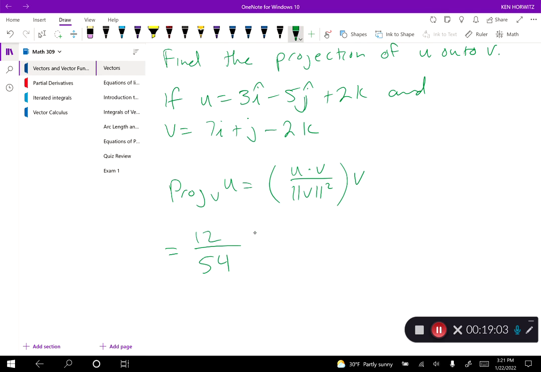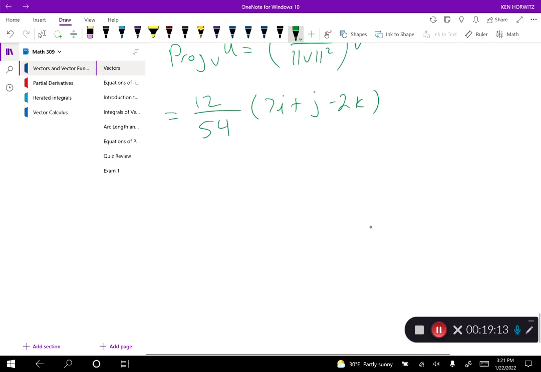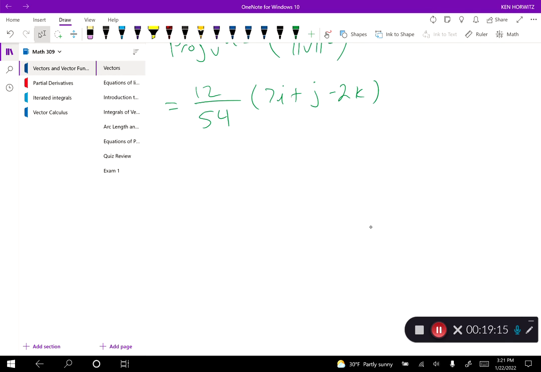And now I want to multiply that times vector V, which is 7i plus j minus 2k. Now 12 over 54 can be simplified, right? Because 3 goes into both of them. So I have 4 over 18.